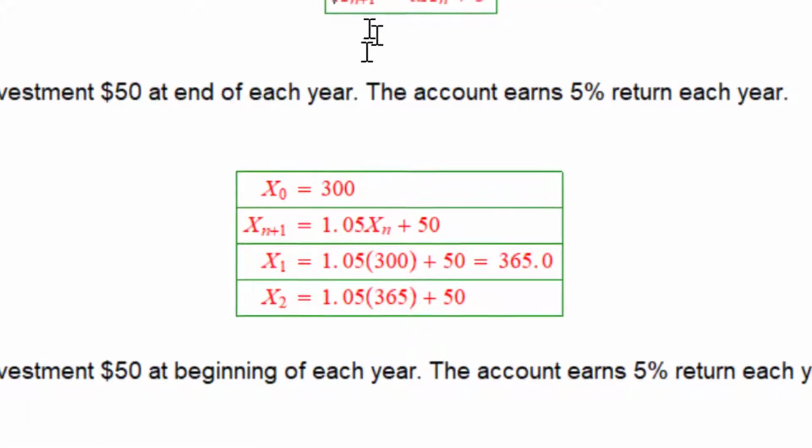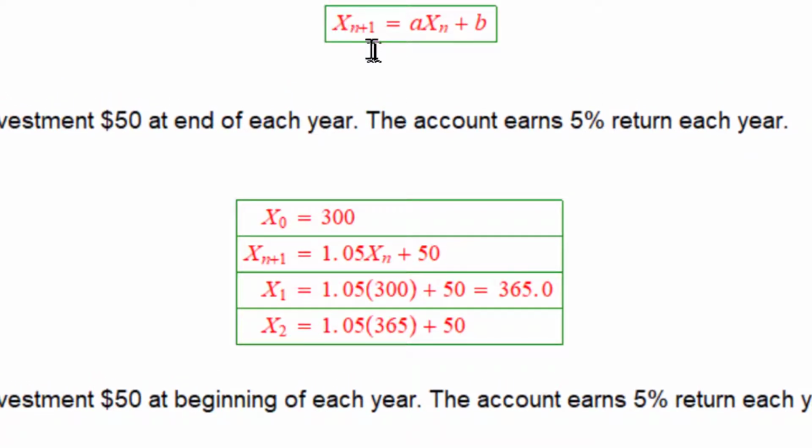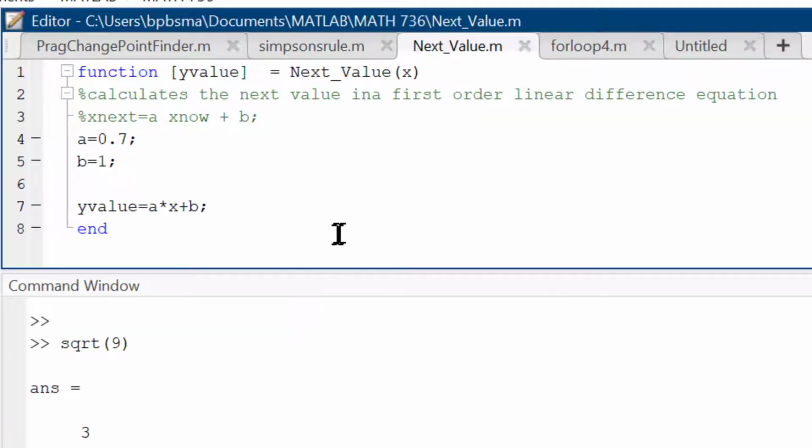So our next value, x sub n plus 1, the next x value, is equal to taking the previous x value, multiplying it by a and adding b, where a and b are constants, and that gives you the next value. All right, so my function has an input, and the input is this x value. So what does it do with it?